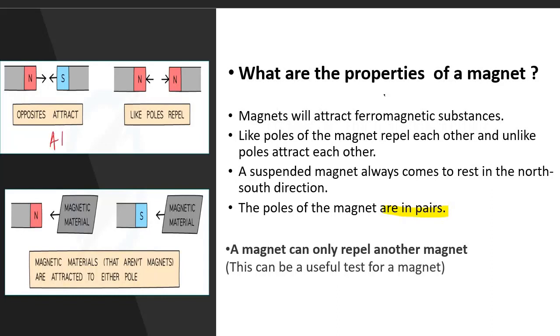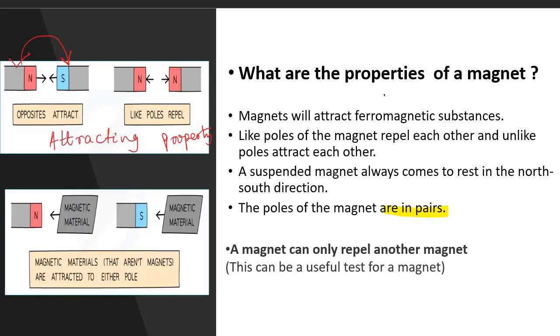You are looking at a picture which is very normal when we see them. The color code I have provided is just to help understanding. If one is a North Pole and one is a South Pole, they are bound to come closer, meaning opposites attract. At the same time, if the two poles are of the same nature, they are like poles, and that's why they will repel each other.